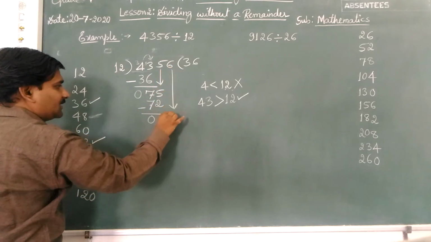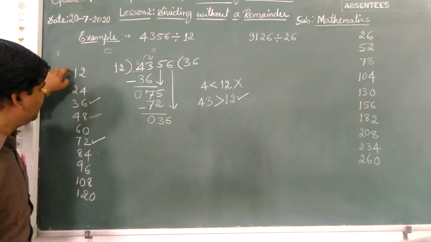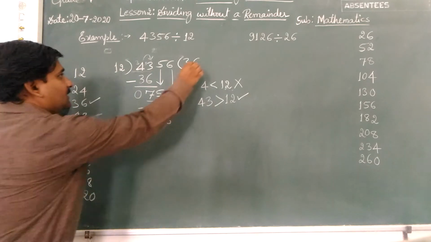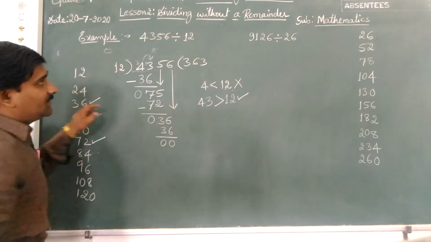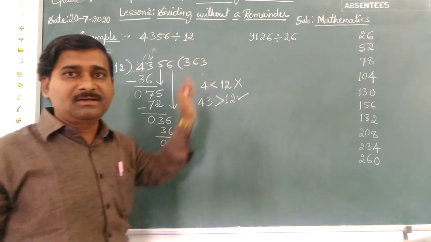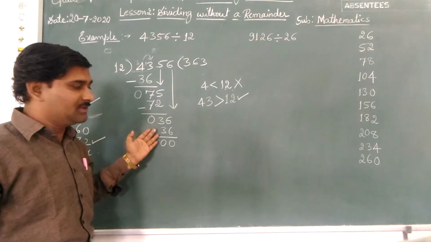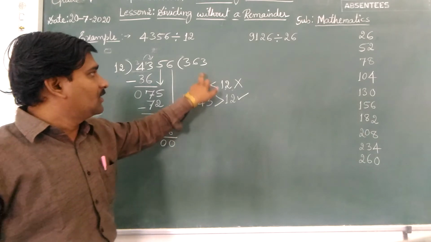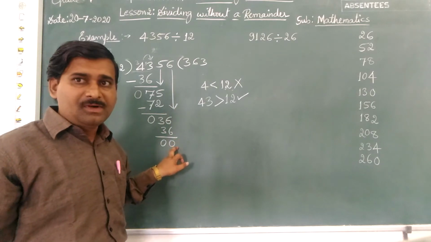Take the next number, 36. 12 3s are 36. That's what I said, without remainder you will find the division remainder 0. So here, children, the quotient is 363, remainder 0.